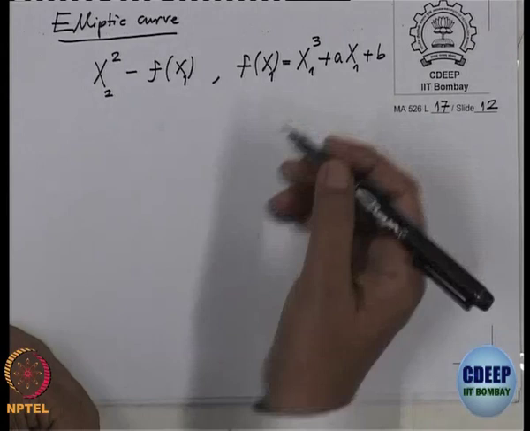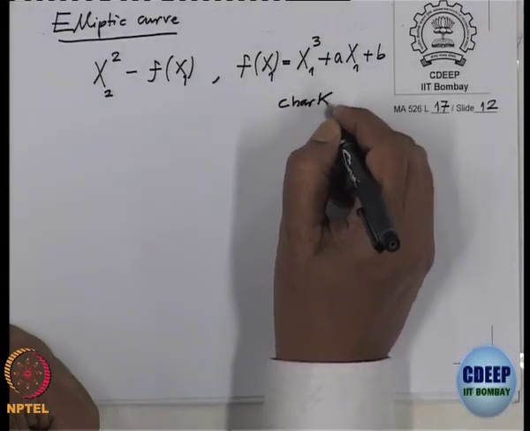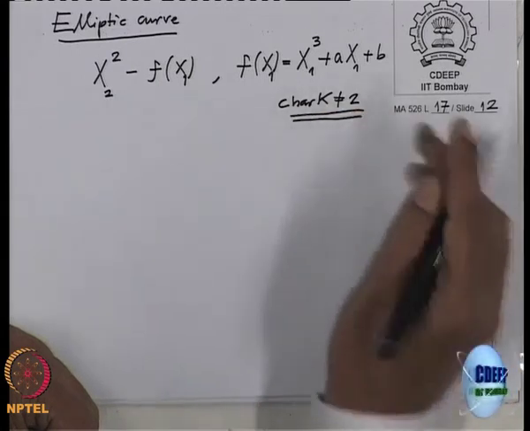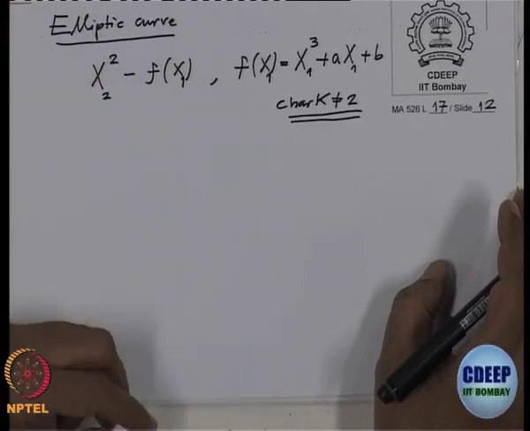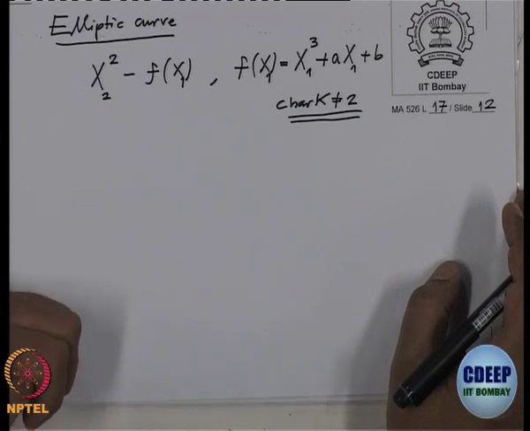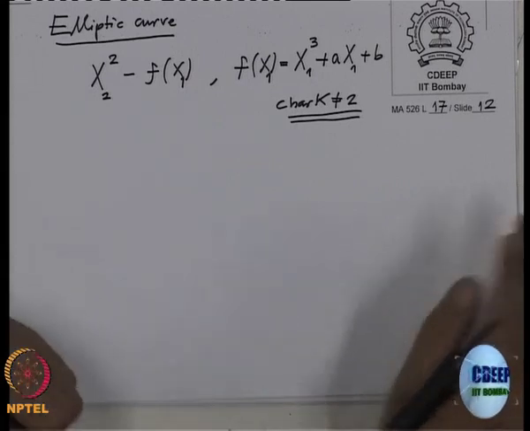And let us assume also the characteristic of the field is not 2. This is needed because otherwise you do not have good formulas for the quadratic equations rule. If you have a characteristic 2 field, how do you write the zeros of the quadratic equation?